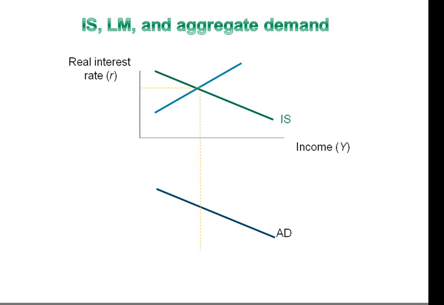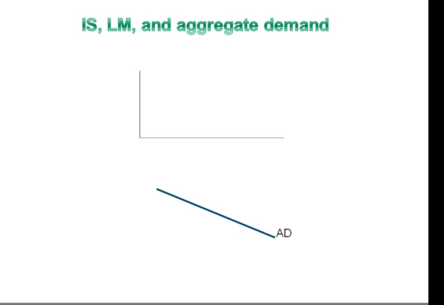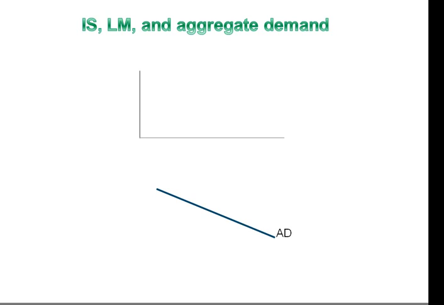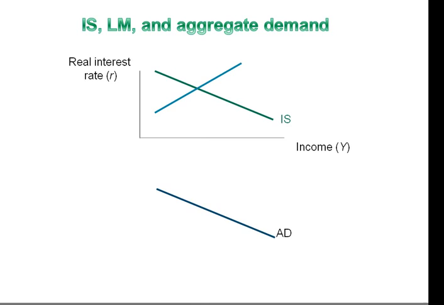Okay, let me correct the previous one. This was an increase in money supply. Let's say we have another LM curve which is downward from the original.